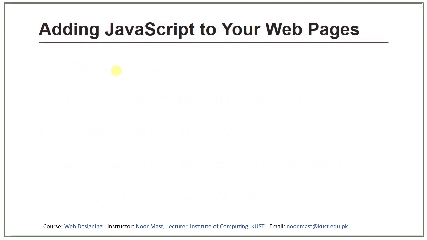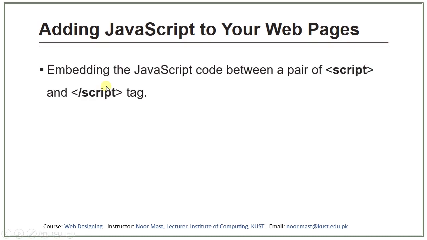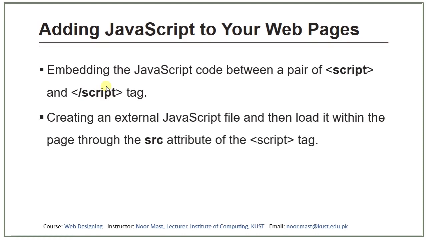Adding JavaScript to your web pages. There are typically three ways to add JavaScript to a web page. The first is embedding the JavaScript code between a pair of script tags. The second is creating an external JavaScript file with a .js extension and then loading it within the page through the src attribute of the script tag.